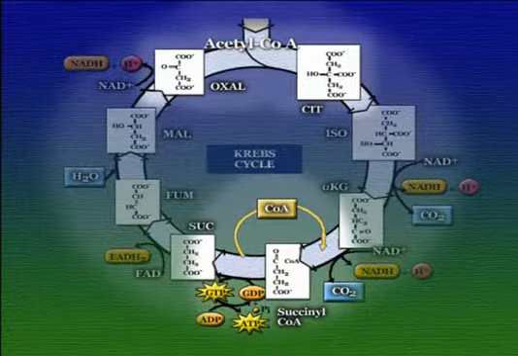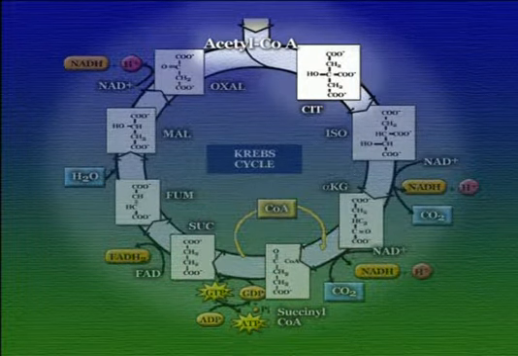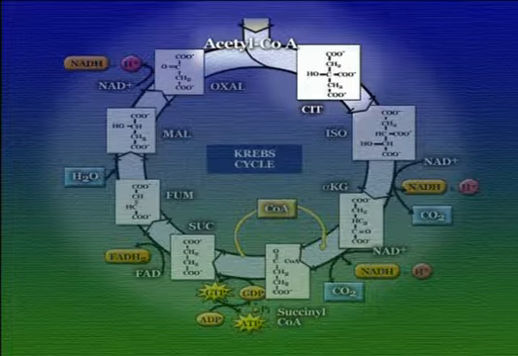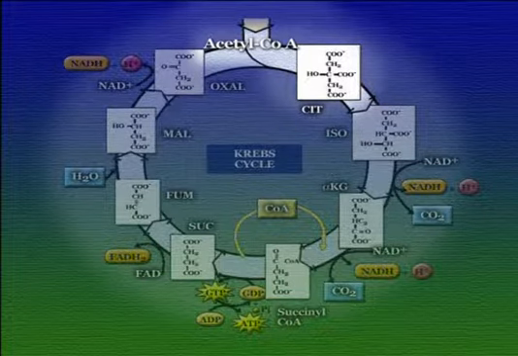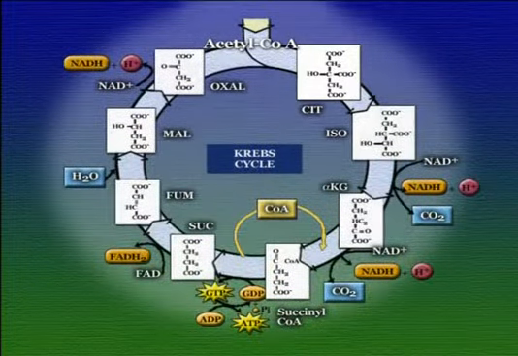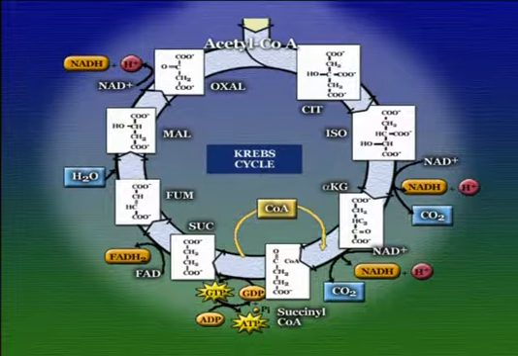Now, once we have citrate formed by the combination of the 4-carbon oxaloacetate and the 2-carbon acetyl group that's entered the cycle, then the remaining reactions of the cycle more or less all run energetically downhill. In a couple of these steps, as you might imagine, one of the things that happens is that we lose one of the carbon molecules.